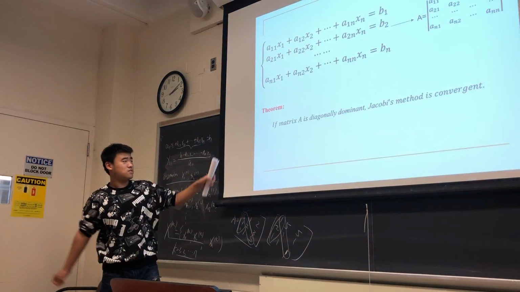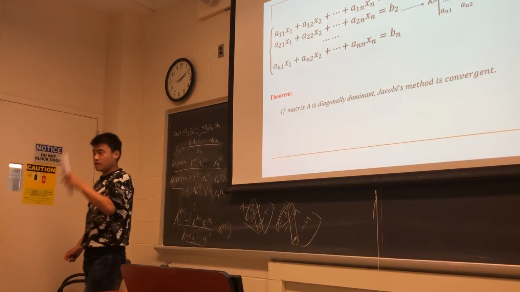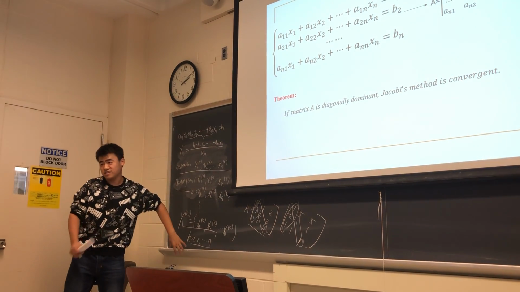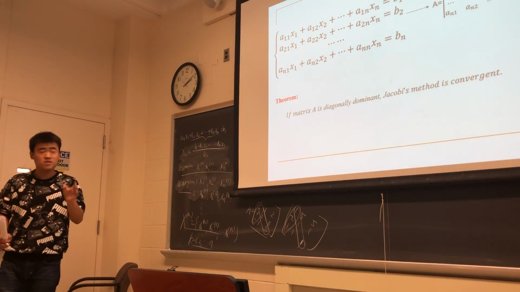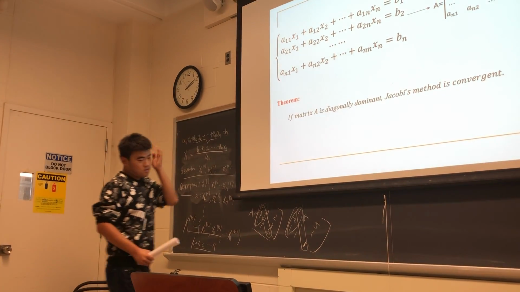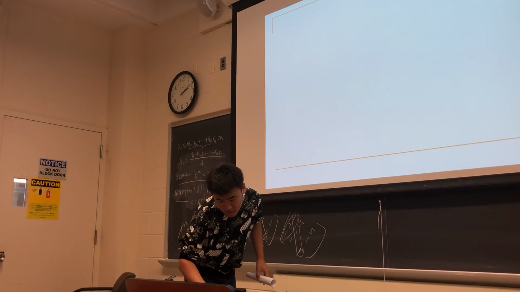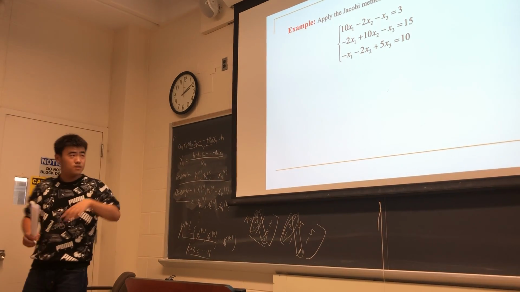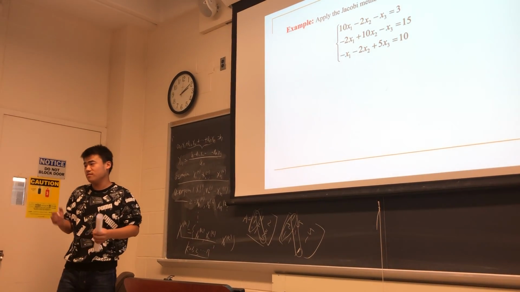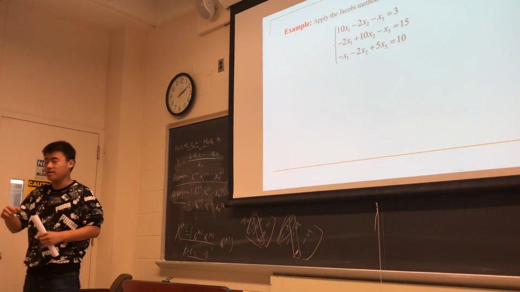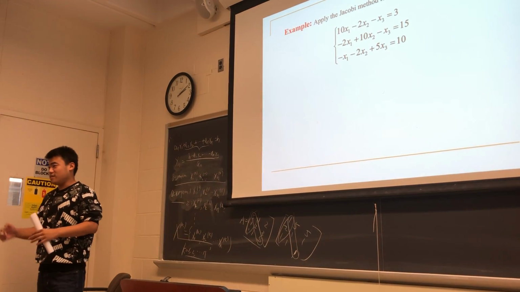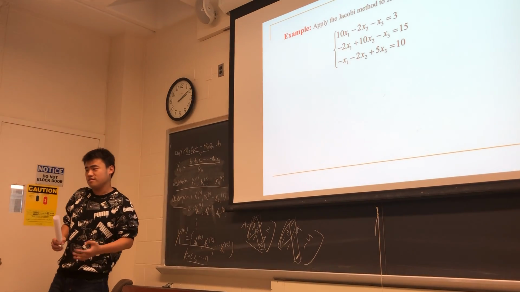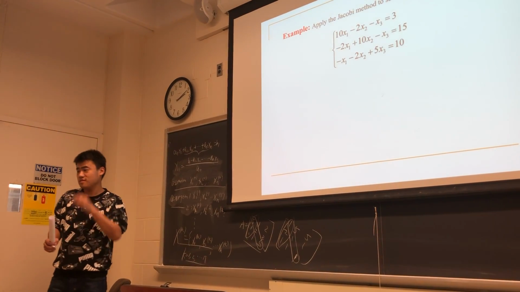So if A is a diagonally dominant matrix, Jacobi's method is convergent, and then our assumptions can converge to the exact value of the solution of the equation system. So now Jacobi's method can be summarized in the following process. Firstly, we have to check whether the matrix is diagonally dominant, to say whether Jacobi's method is convergent.